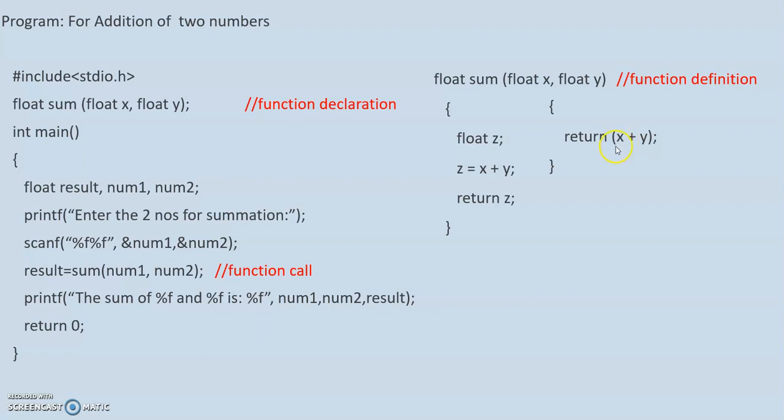We need not do that, as what is returned is x plus y. The result of the addition of the two numbers will be returned to the main function, or the function where it has been called. So the result of the addition of x and y, or num1 and num2, will be stored in the result variable. These are the two ways we can write the function definition.